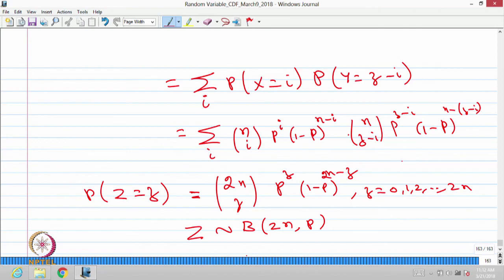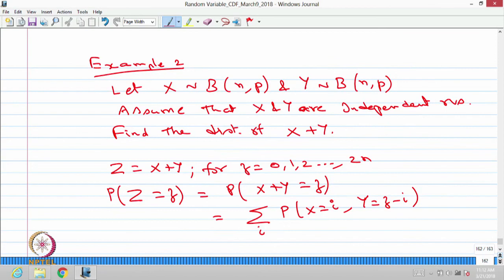Now, one can discuss some what-if scenario. Suppose x takes the binomial distribution with the parameters n comma p, whereas y takes a binomial distribution with some other parameter instead of n. Suppose you take some other positive integer m, but the next parameter is the same p. Let me write.